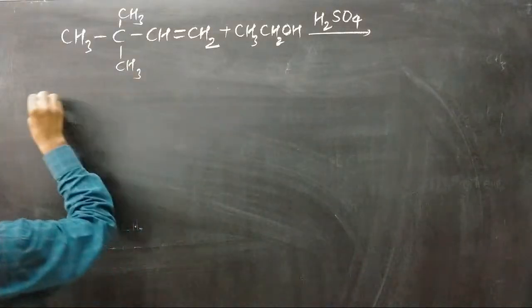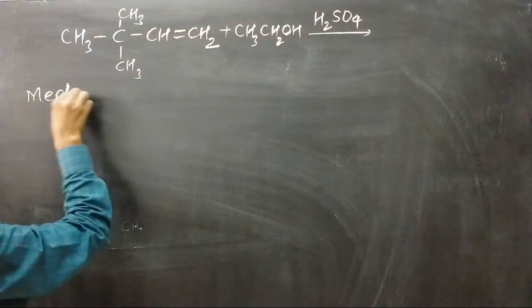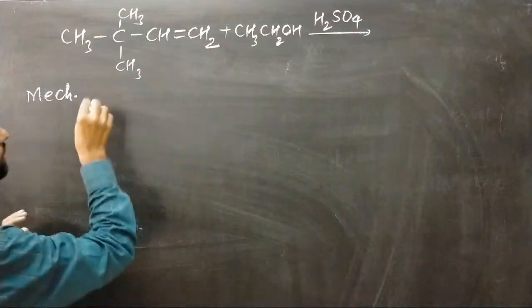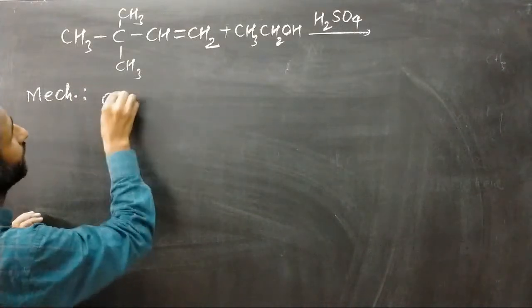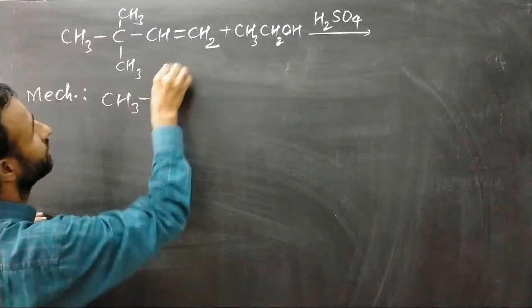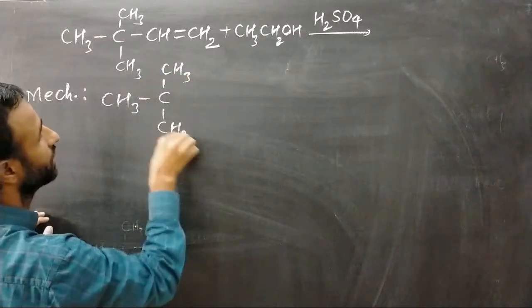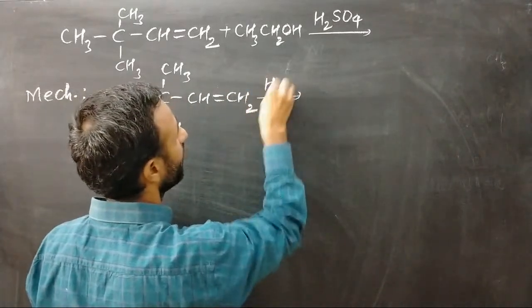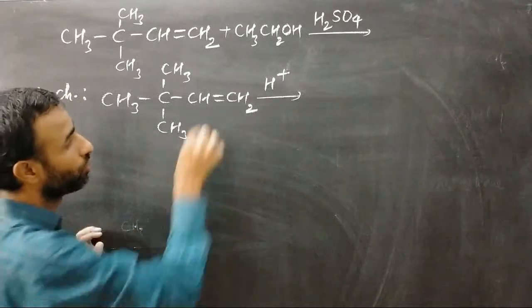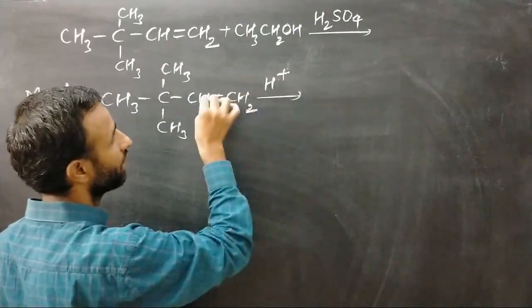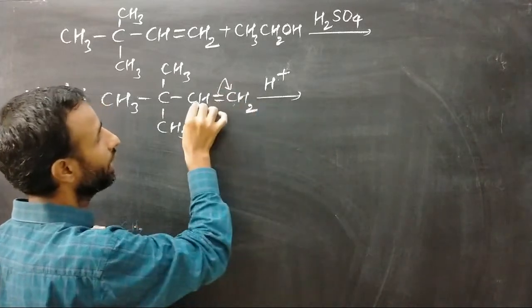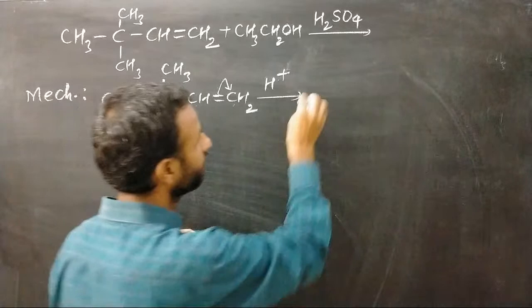So first of all, I will explain it with mechanism. See, first of all, we have (CH3)3C-CH=CH2. H plus ion will attack on it. Obviously H plus ion will attack on this side, because then only we get a more stable carbocation.